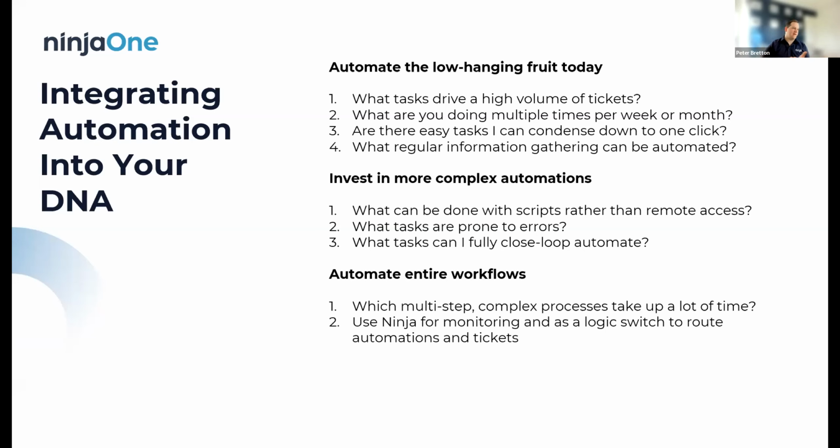What are the things that are driving high volume tickets? What are you touching multiple times a week or month? What easy or multi-step tasks can be pulled down into essentially one script deployment? And finally, what information are you gathering manually that can be automated and written to a custom field? So that's the low-hanging fruit.